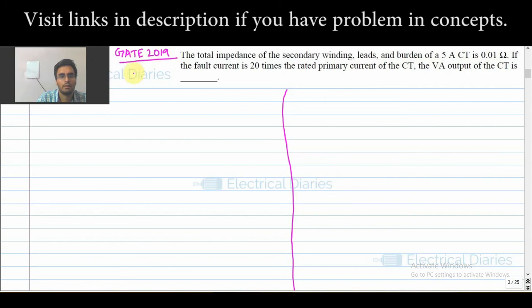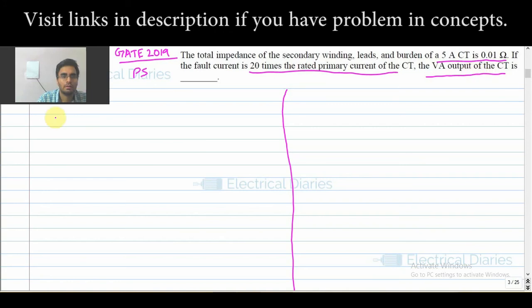2019 power system question. The total impedance of the secondary winding, leads and burdens of a 5 ampere CT is 0.01. If the fault current is 20 times the rated primary current of the CT, the VA output of the CT is what?